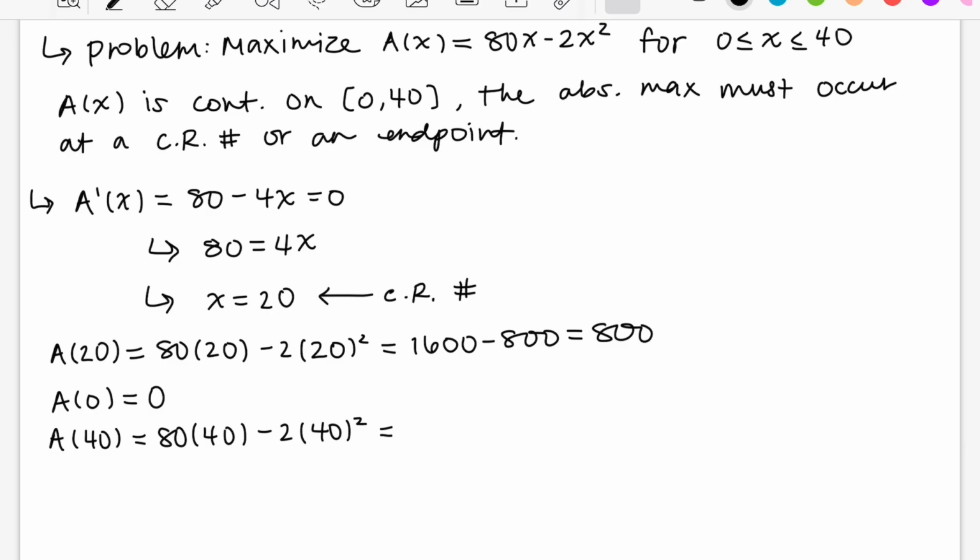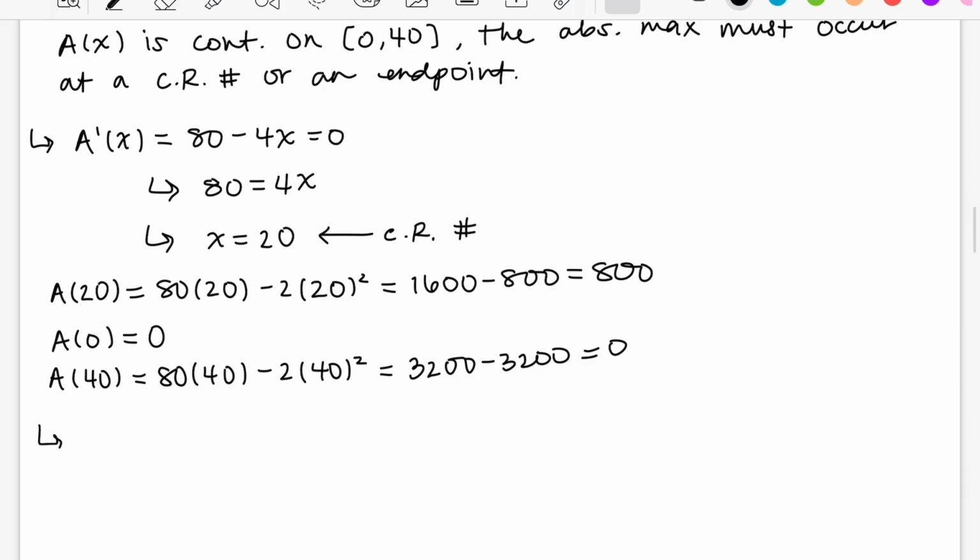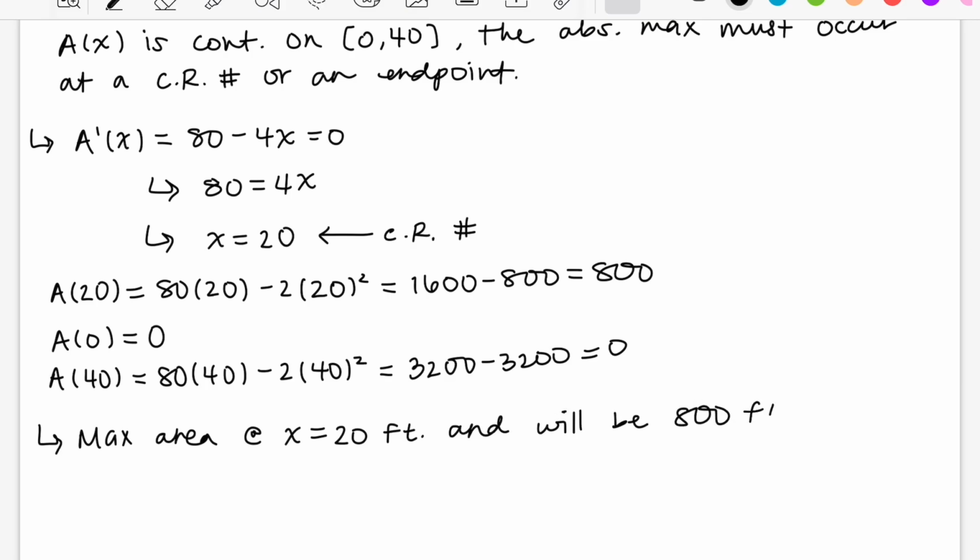So we'll get 0 in this case as well. So this tells us that our maximum area will occur when x is 20 feet and will be 800 square feet.